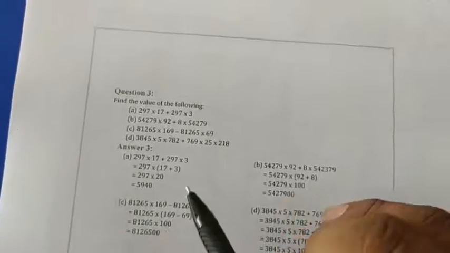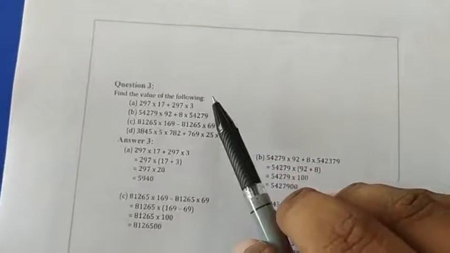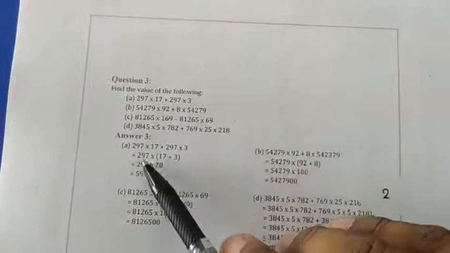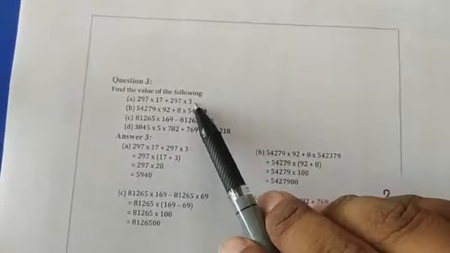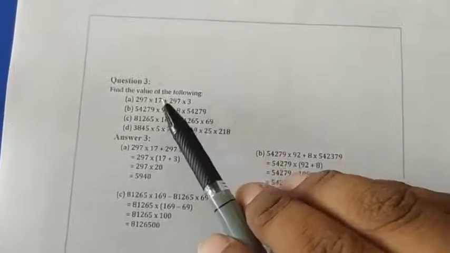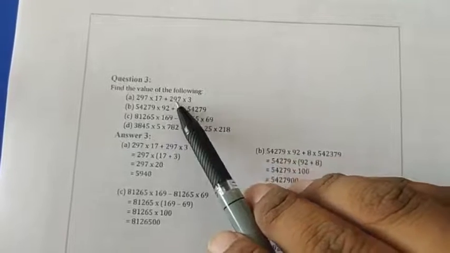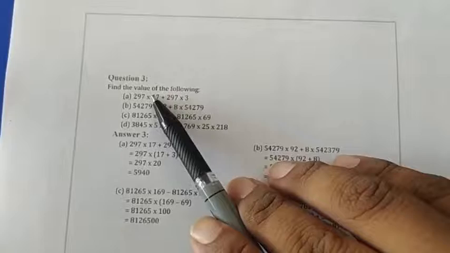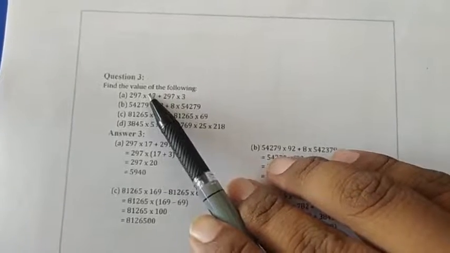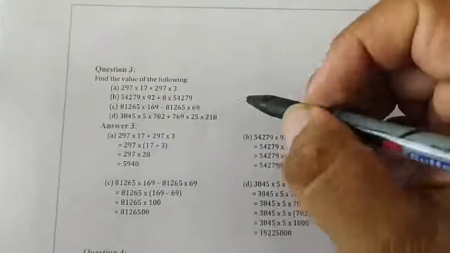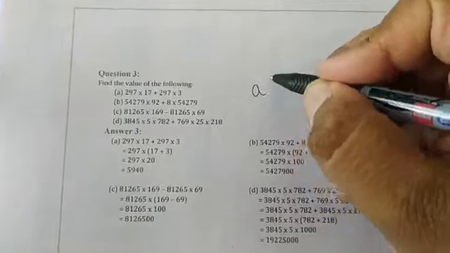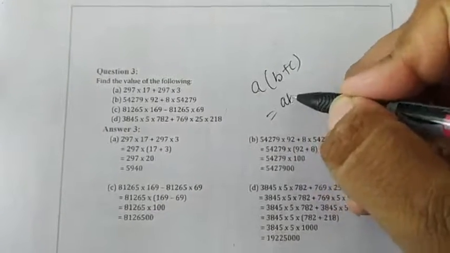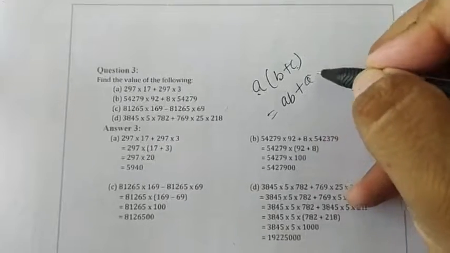Right? Next is you have to find the value of the following. You have to find the value 297 into 17 plus 297 into 3. If you are doing the multiplication 297 into 17, then again 297 into 3, then you have to do plus, that is very much long. So we will apply here the distributive property. Distributive property, A into (B plus C) is equal to AB plus AC.